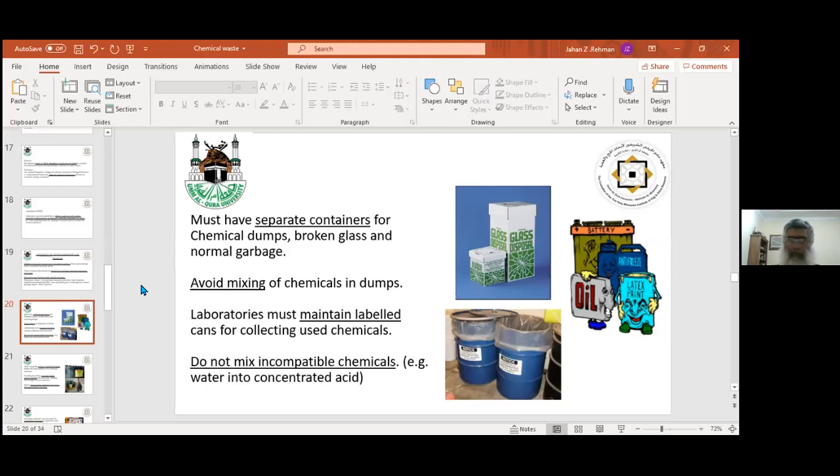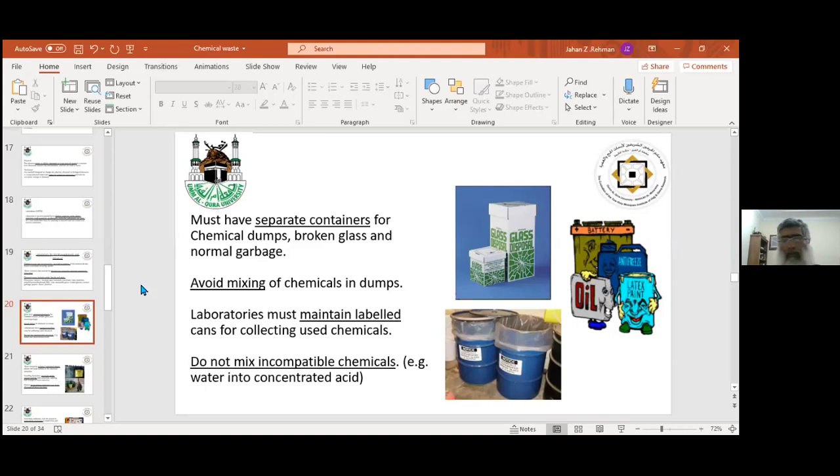The laboratory must maintain labels. Yes. After giving a separate canister to a chemical, label it. For example, maybe you are using an old bottle of sulfuric acid, but this time you want to put an organic compound like methanol in this bottle. So you wash it, dry it, and then put the methanol in it.